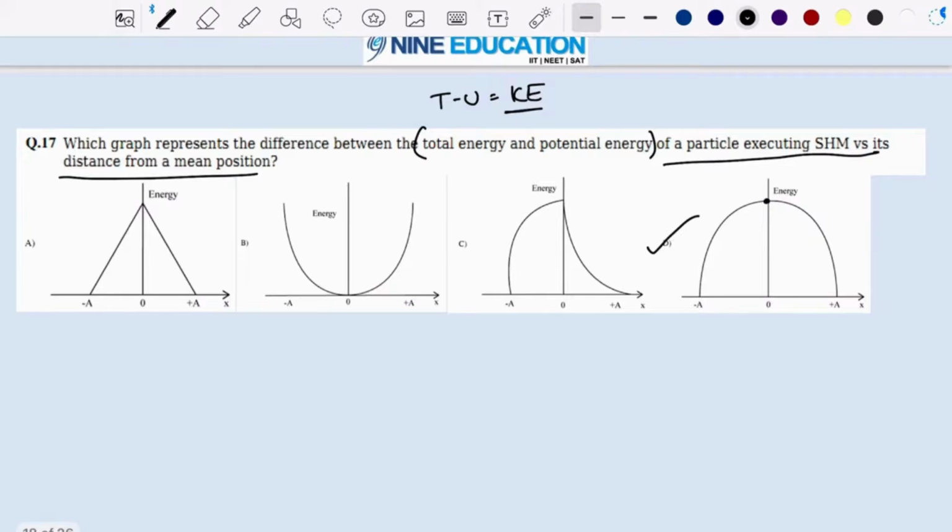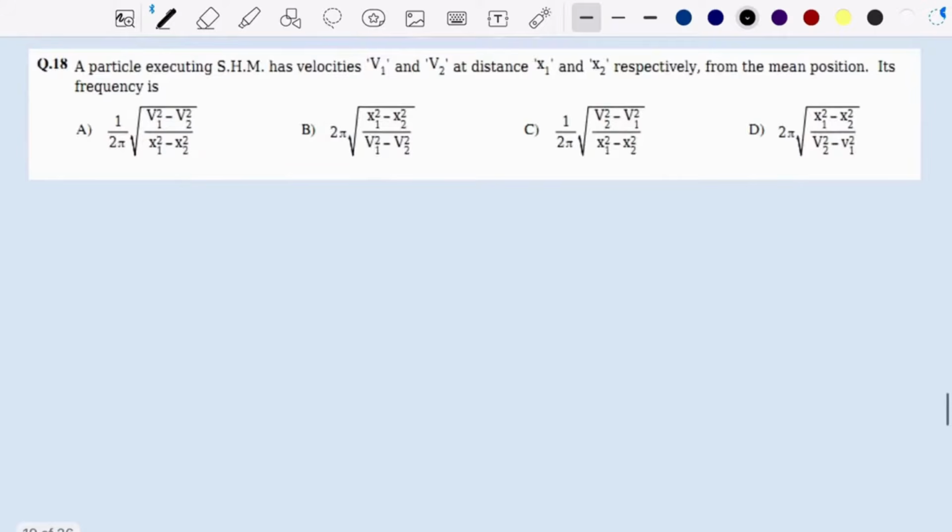Okay, a particle executing SHM has velocity v1 at x1 and v2 at x2. From the mean position, for its frequency we have to find out omega, or frequency is omega upon 2 pi. So we can use this equation where (x by a) whole square plus (v by omega a) whole square is equal to 1. We can just remove a and throw it to the other side. We can simply say x square plus (v by omega) whole square is constant.